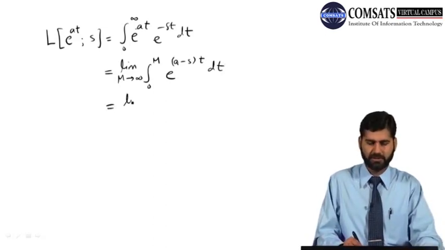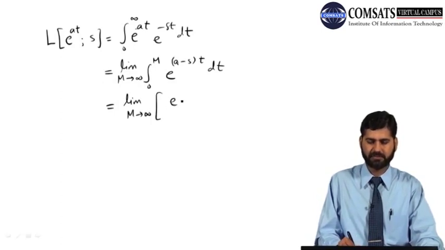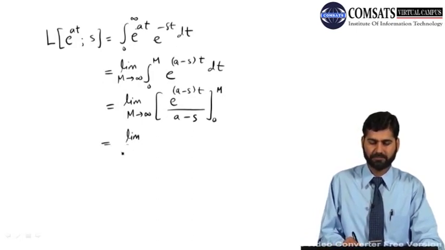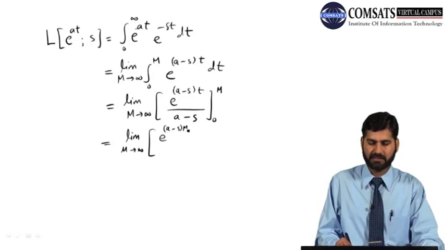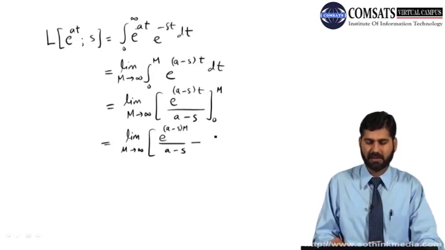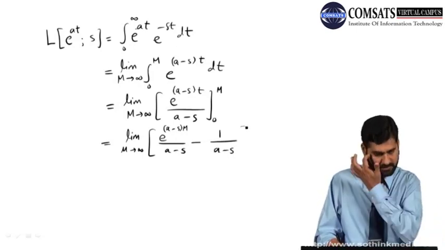So e to the (a minus s)t has the integration e to the (a minus s)t divided by (a minus s), and this is from 0 to m. Now if you replace m, it is e to the (a minus s)m over (a minus s), and minus e to the 0 is 1 over (a minus s).